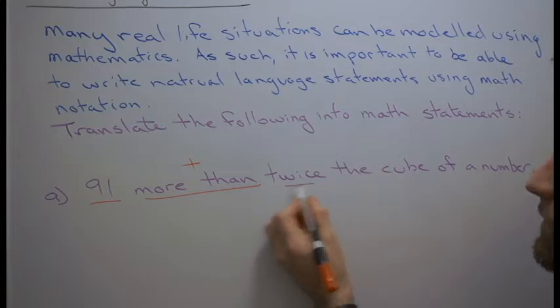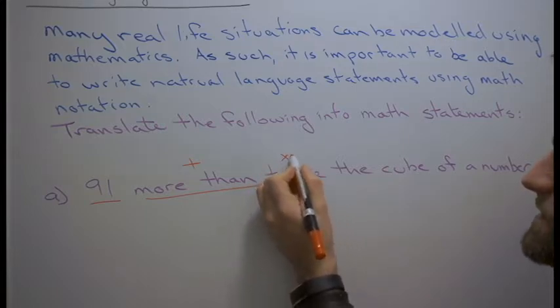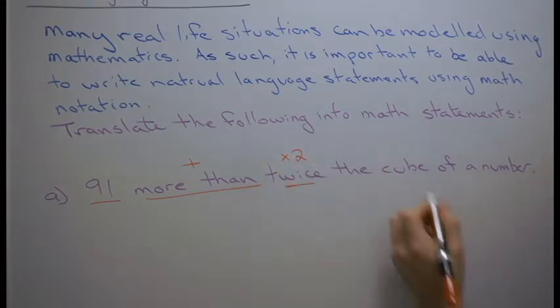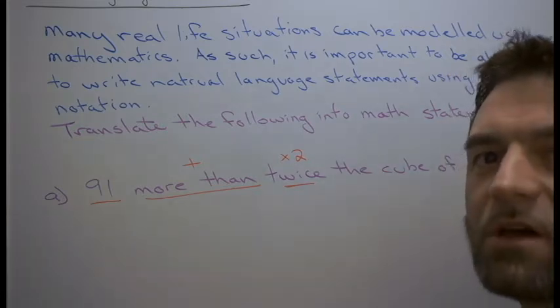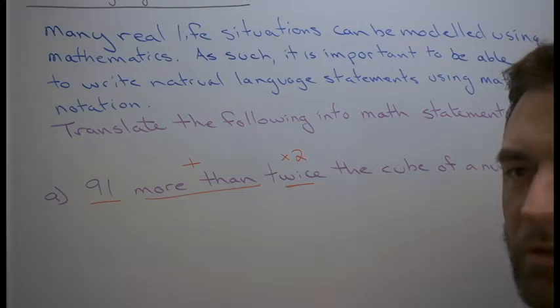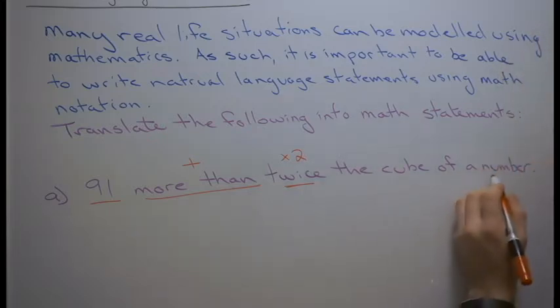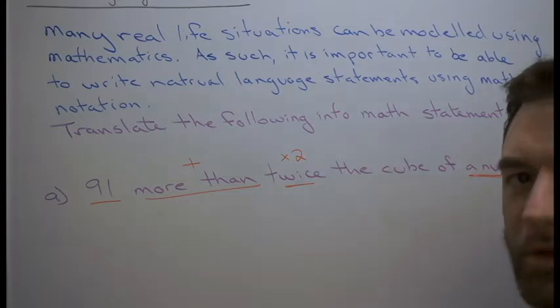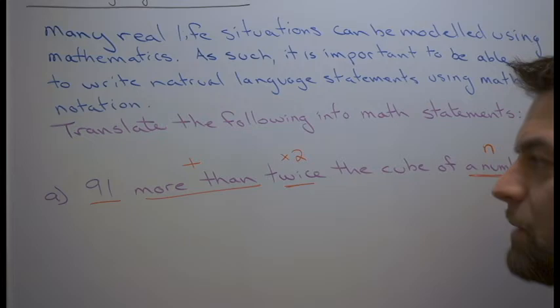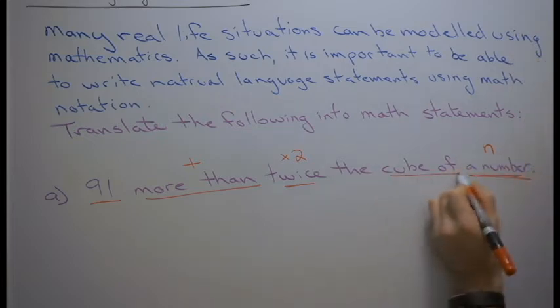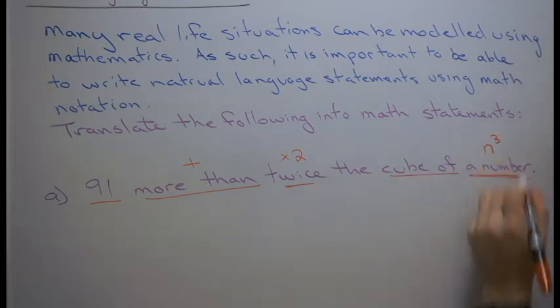Twice references times 2, and the cube of a number, well, cube means to the power of 3. A number is our unknown value. We don't know what it is. So let's use the letter n to represent that unknown number. The cube of a number is n to the power of 3.